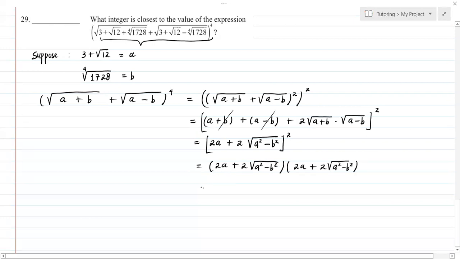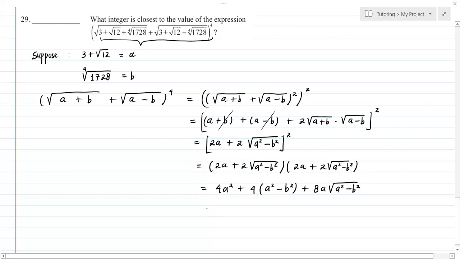Okay, so the result is 4A squared plus 4 times A squared minus B squared, plus 8A root of A squared minus B squared.